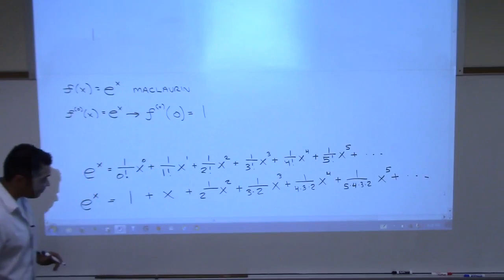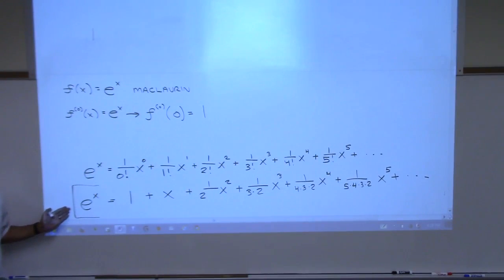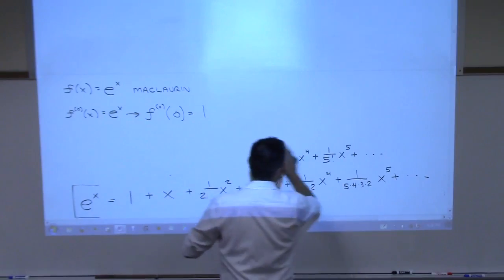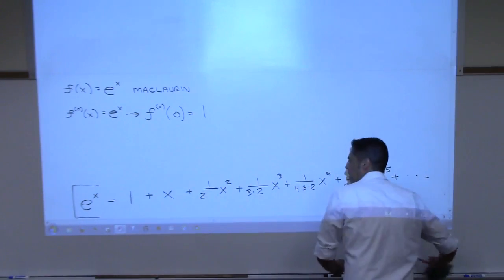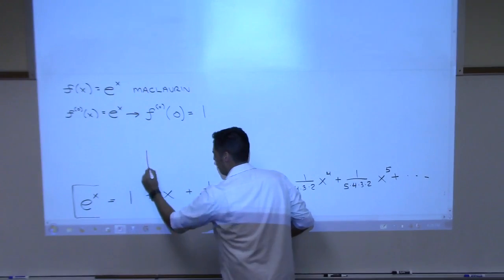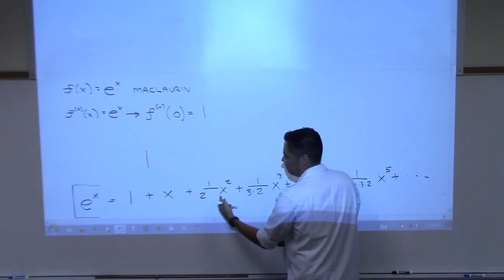It's so cool. If we take the derivative of this, what should we get? Itself, right? Take the derivative of that power series. Let's see what happens. The derivative of 1 is 0. Derivative of x is 1. Plus 2 comes out, half of 2, 1 times x.